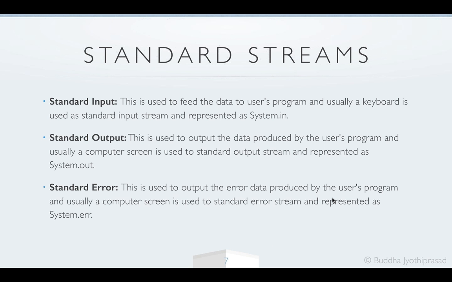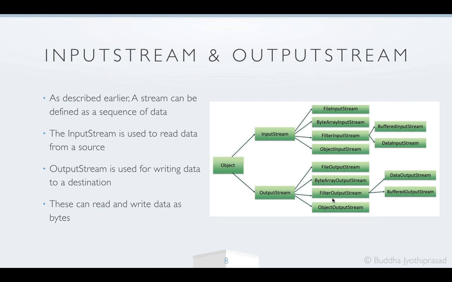We can only read the metadata and do basic operations like deleting the file, renaming the file, moving the file from one location to another. Even copying files we cannot do. Whereas input stream and output stream will actually let us do that: read the data from the file or write the data to the file. Input stream is used to read the data, whereas output stream is used to write the data.